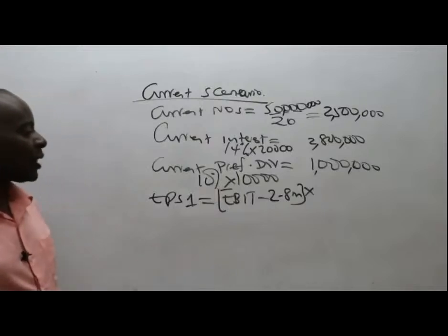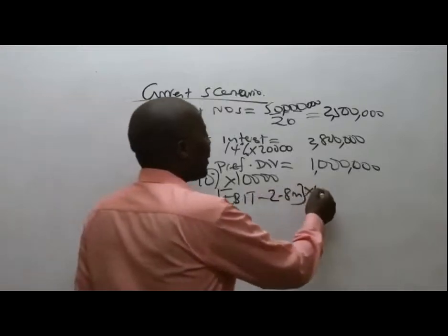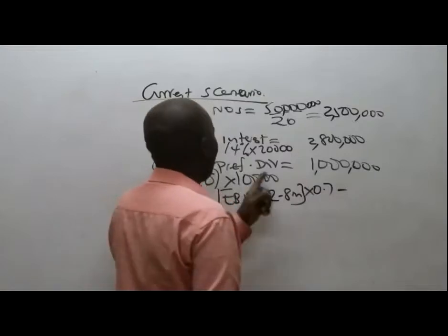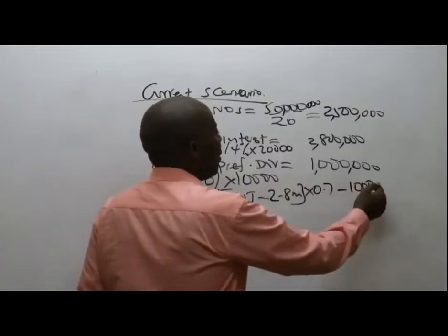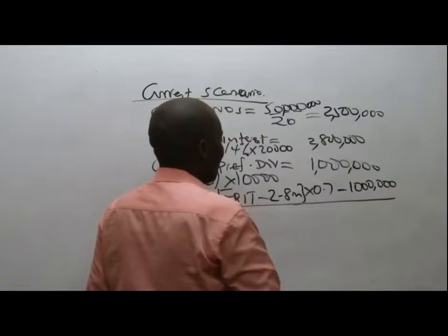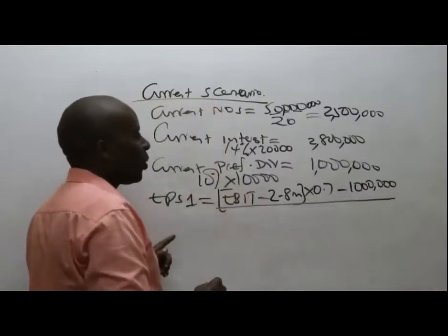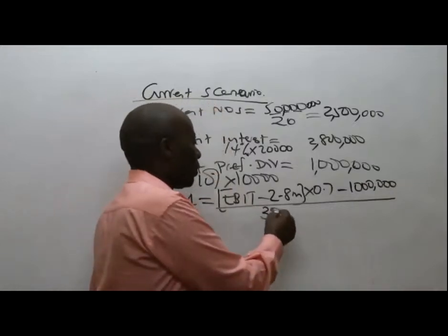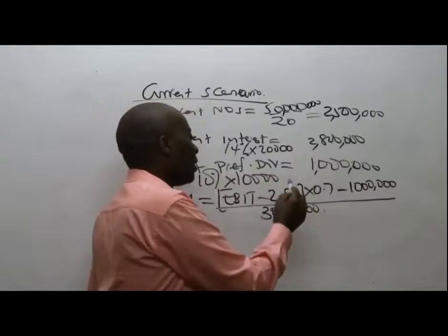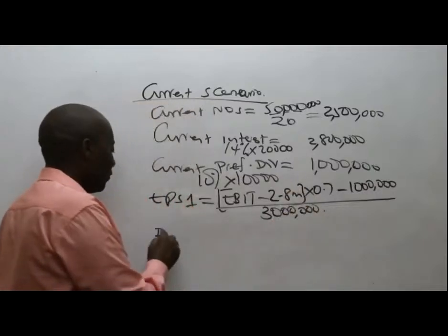So 1 minus 30%, that gives me 0.7 minus preference dividends, which is 1 million. Divide this by number of ordinary shares that you guys gave me down here, which were 3 million. So please go ahead and simplify for us.